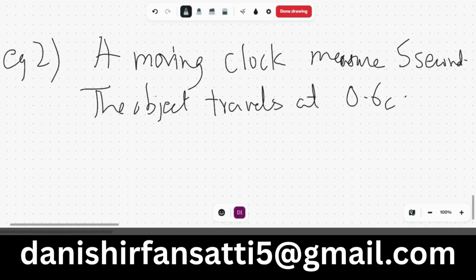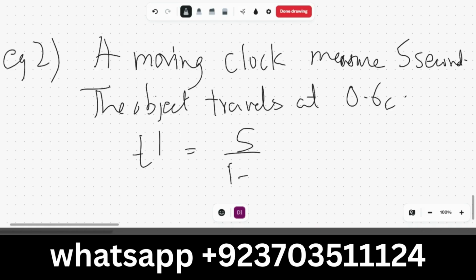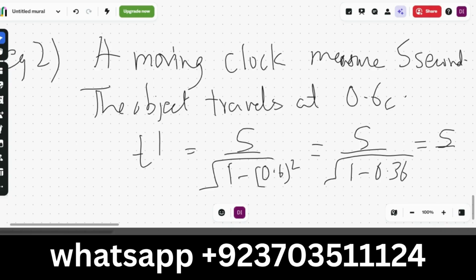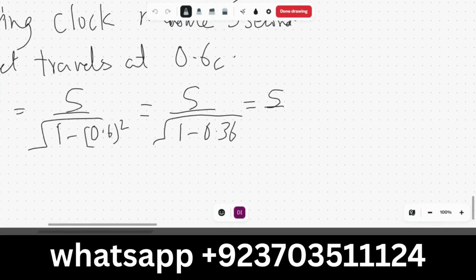Again, we are going to do t dash is equal to 5 seconds divided by the square root of 1 minus 0.6 square, that is 0.6 squared, that is equal to 5 divided by the square root of 1 minus 0.36, and that is equal to 5 divided by 0.8.